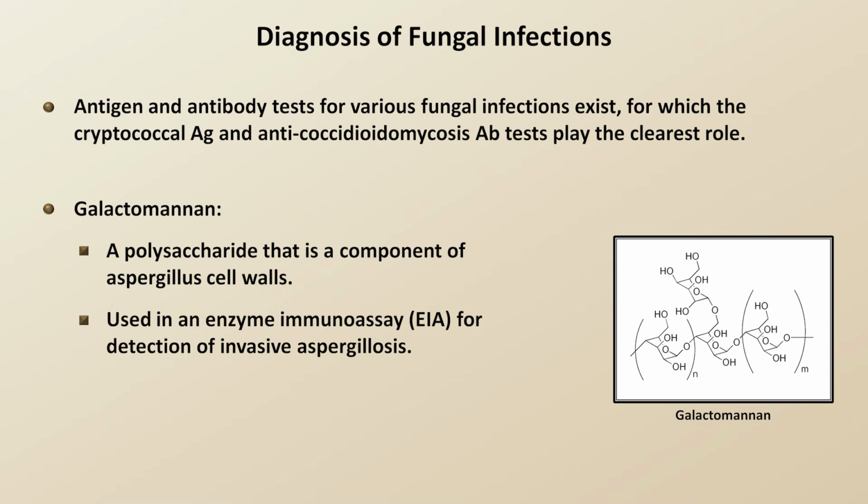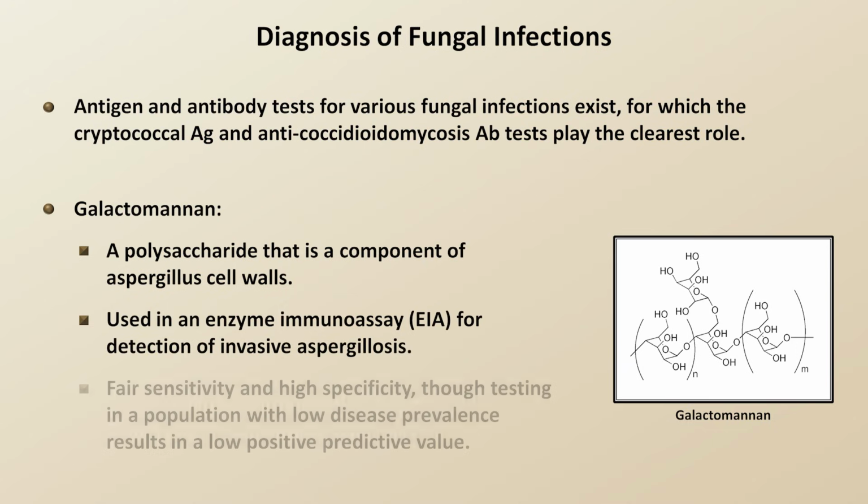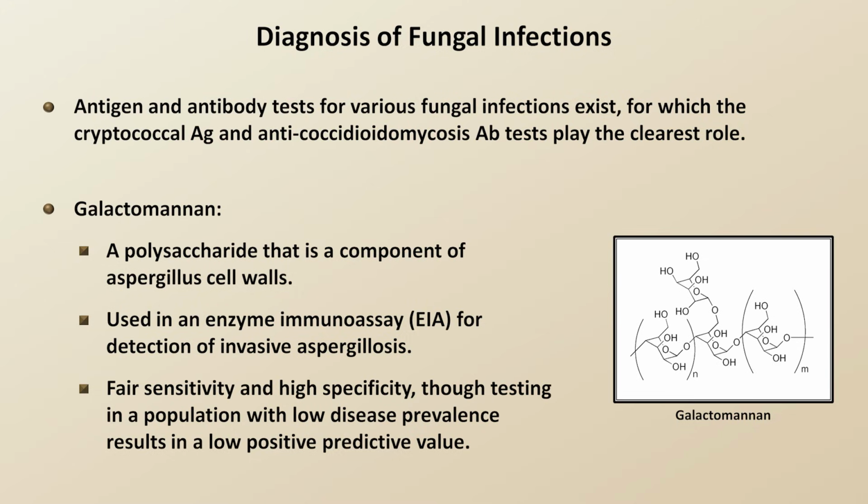It is used in an enzyme immunoassay for the detection of this infection. It has a fair sensitivity and high specificity, though testing in a population with low disease prevalence results in a low positive predictive value. There are a few things which can cause a false positive of the galactomannan test, among which concurrent treatment with the antibiotic piperacillin tazobactam is probably the most frequently cited.